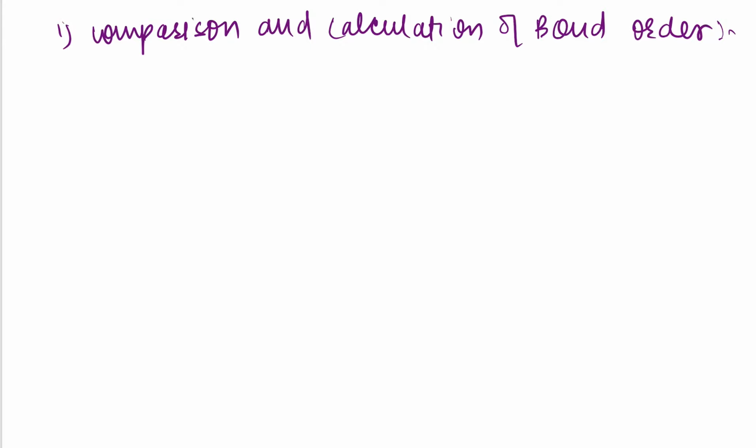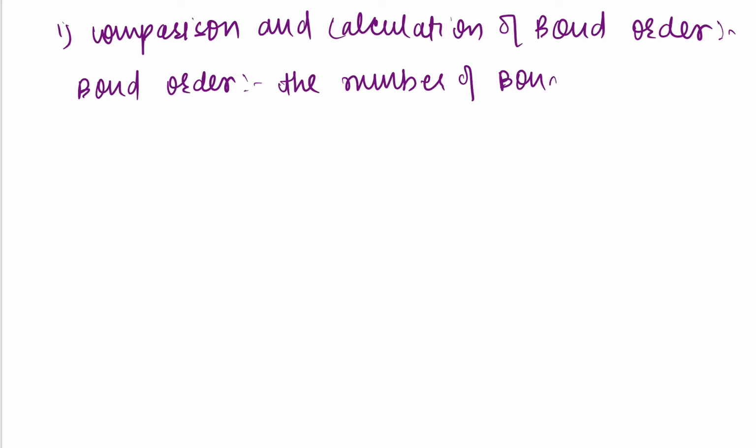That is the number of bonds between two species, right? Bond order is the number of bonds in between two atoms, like CH3 single bond CH3.